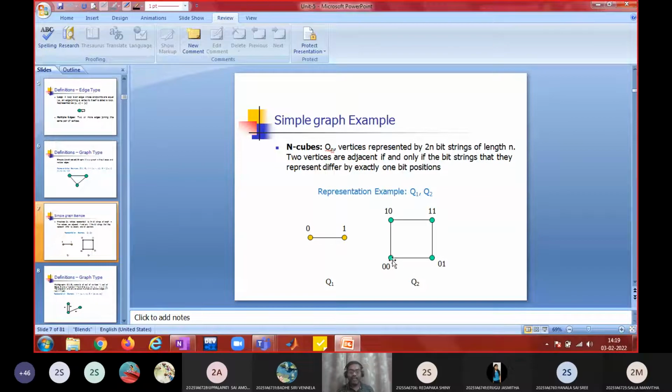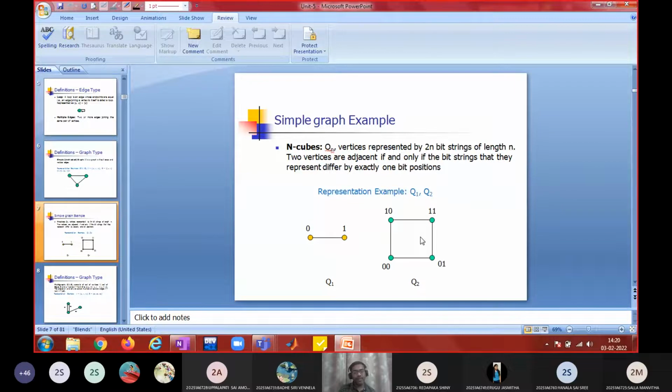Similarly you connect these two. If you give edges like that, the graph so formed is called an n-cube. Similarly you can construct the n-cube for strings of length 3 also.